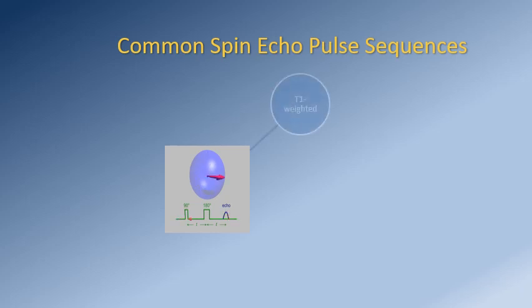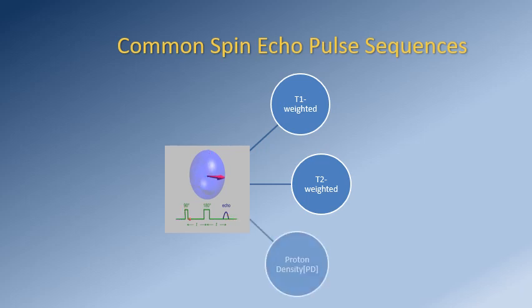The first one is called T1 weighted image. The second one is T2 weighted image. Those two pulse sequences are present in most examinations. Another common sequence, especially in musculoskeletal imaging, is proton density. Let us discuss them and see how we can discriminate between them.